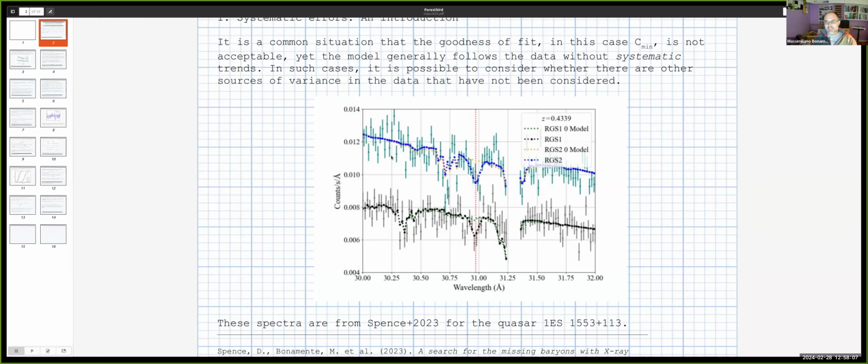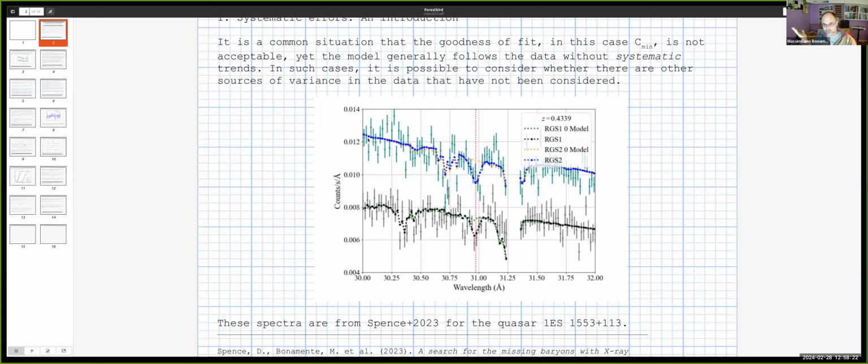For example, this is a case in which C minimum was of order 1800 for about 1400 data points.